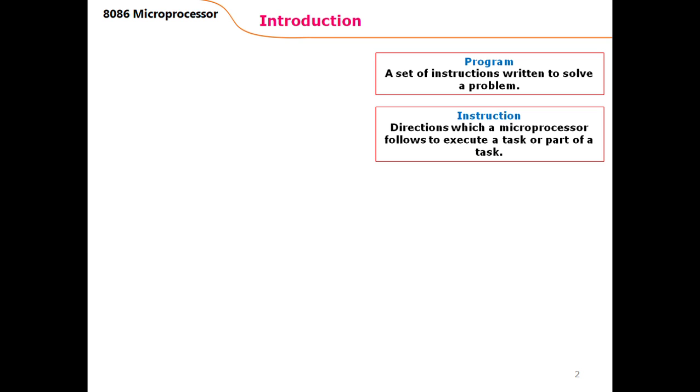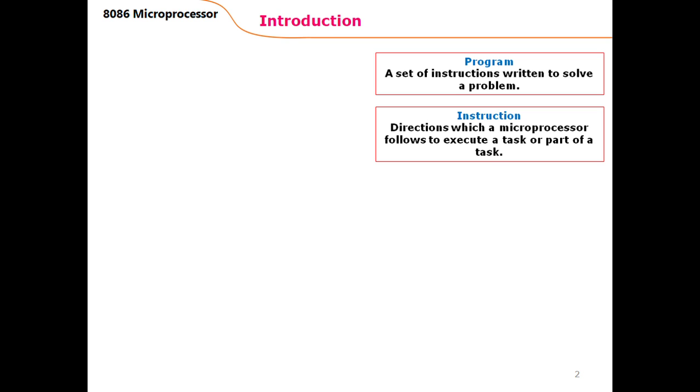For example, a phone application in the mobile phone is a set of instructions that solves how to call a number or how to receive a call. And similarly, there are a number of other programs and applications that solve a particular problem by the computer.